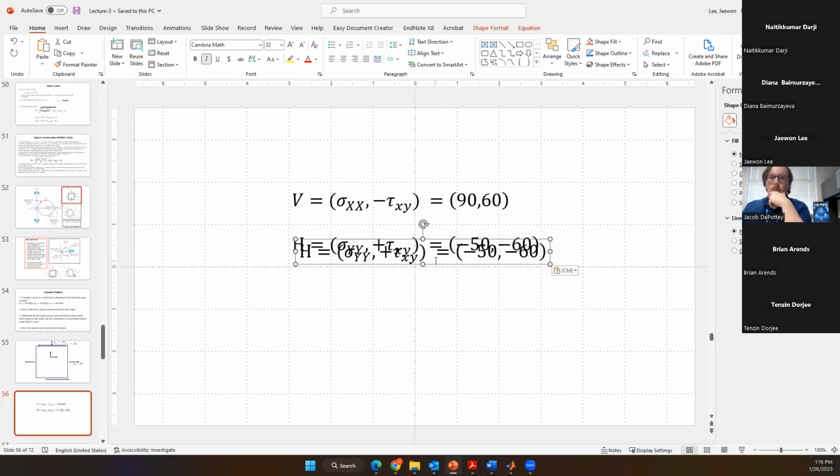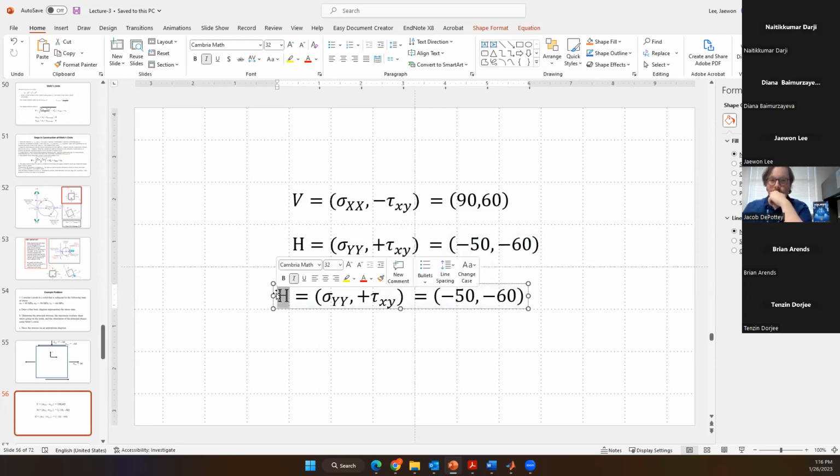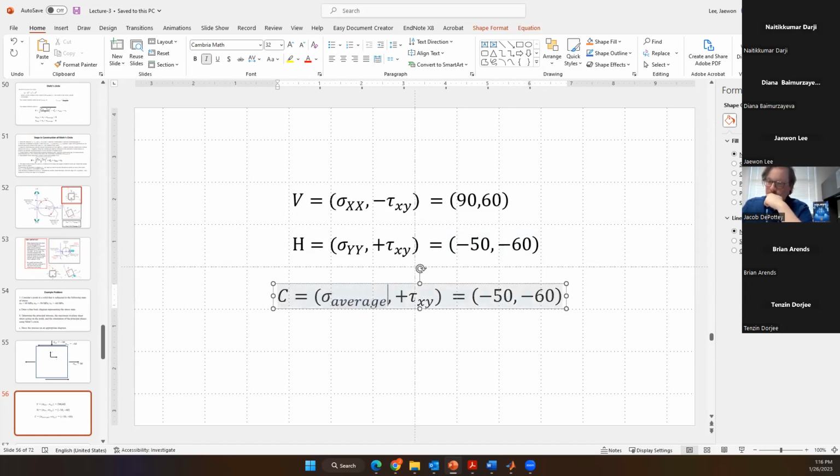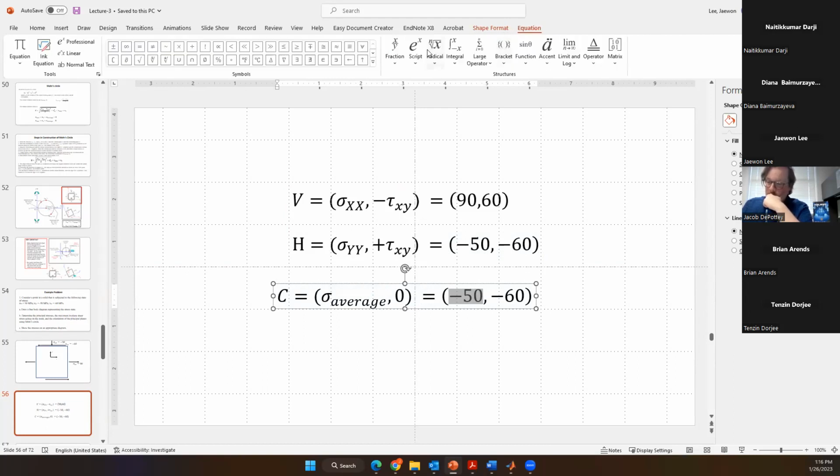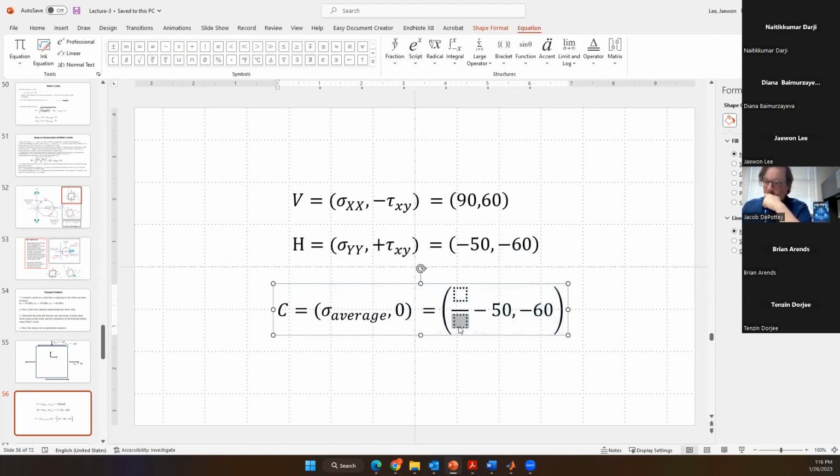How about the center position C? It is the average of 90 and minus 50, which is 20, and 0. So we can have 20 plus or minus 15.